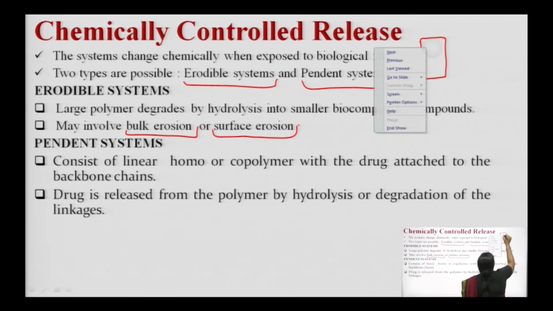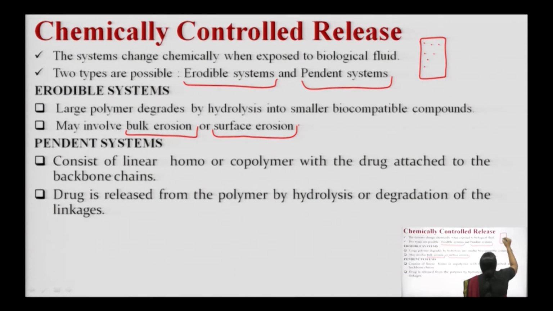Supposing this is the polymer matrix in which the drug is dispersed. These dots indicate the drug. In bulk erosion, the polymer will be hydrolyzed not only at the surface, but from the interior also, like this, and internal pores will be created in the system.